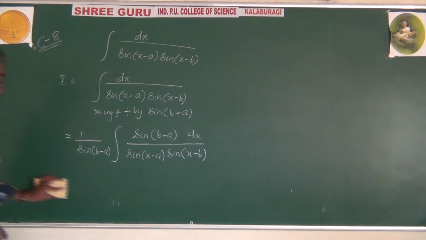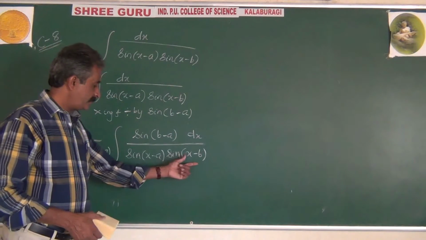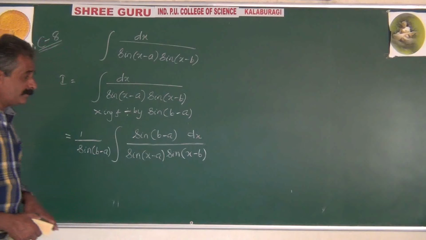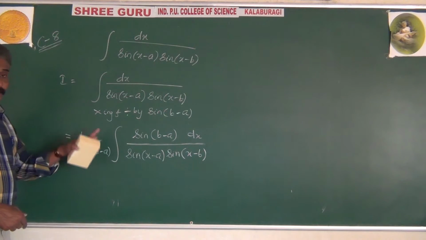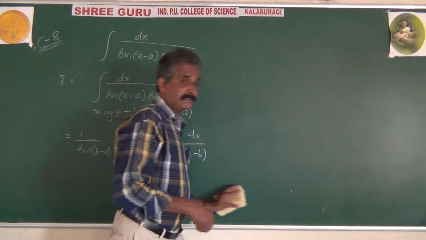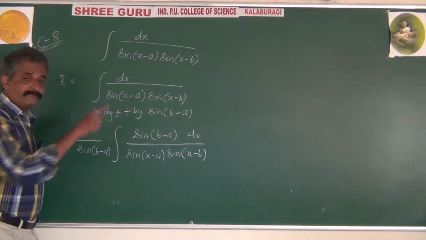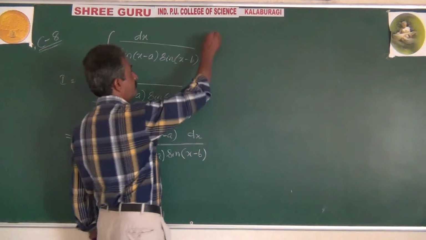Next, what we shall do is get the factors x minus a, x minus b in the numerator. For that, in the numerator, in the sine angle, add x and subtract x. Adding and subtracting x within that sine angle.